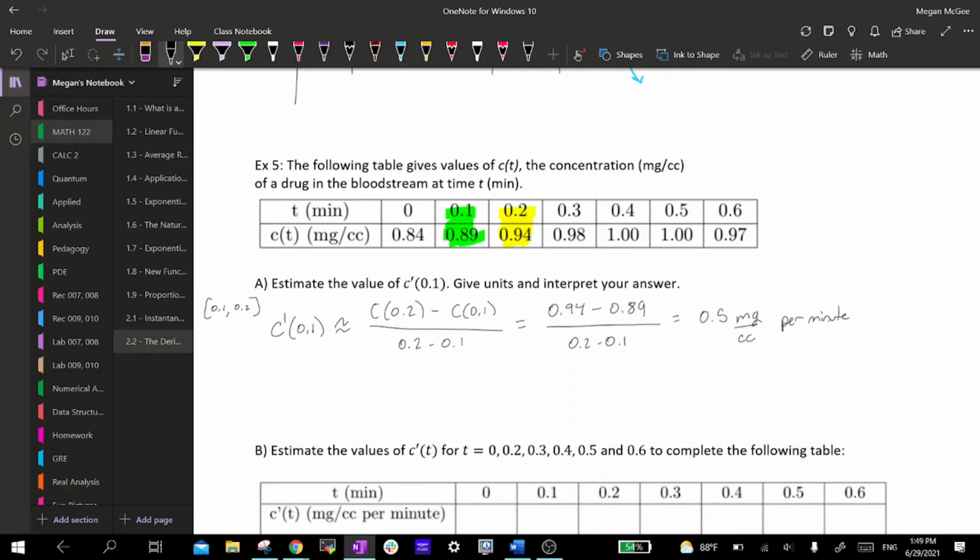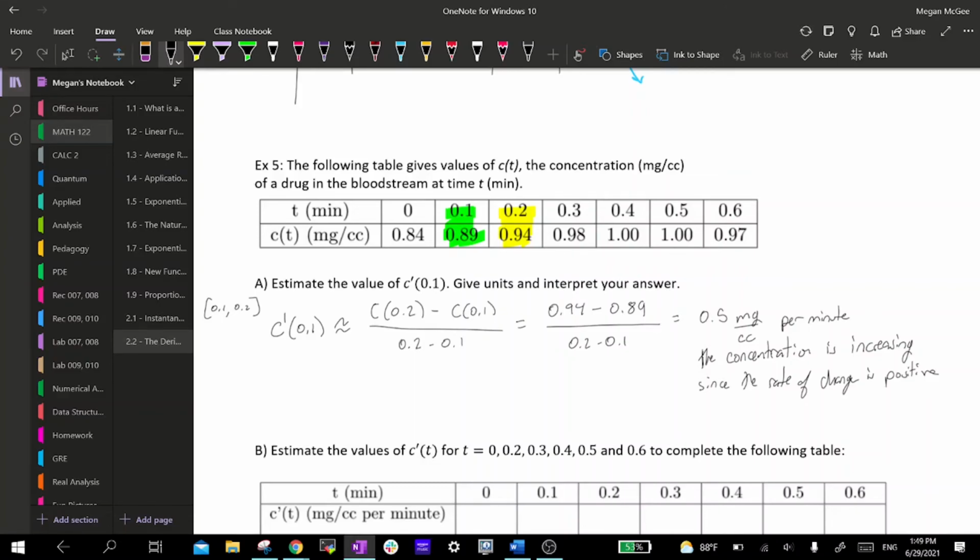All right, and because it's positive, the concentration is increasing since the rate of change is positive. Okay, so that's our answer for part A.